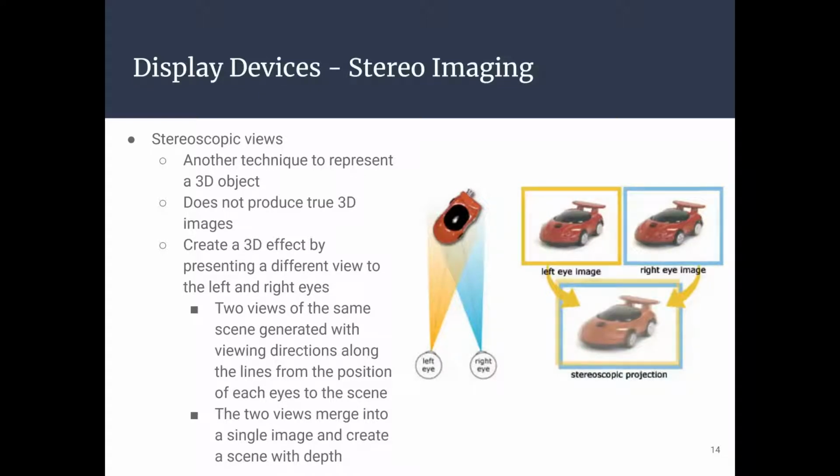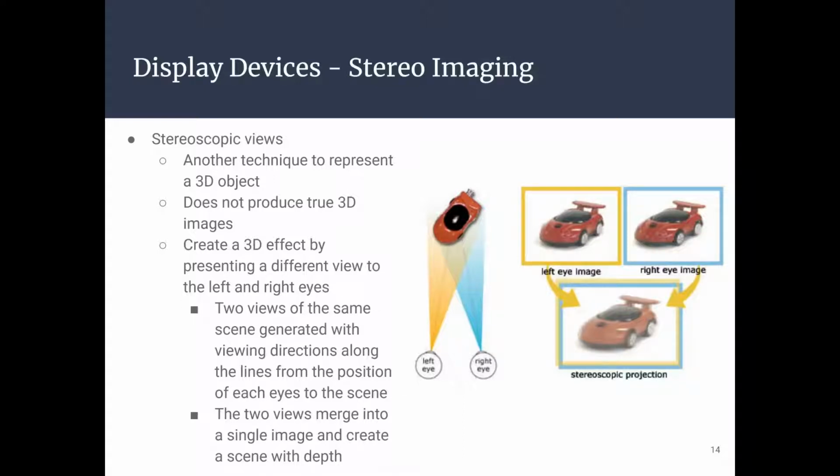So there will be an image taken from the position and viewing direction of the left eye, and then another image of the same scene will be taken from the position and viewing location of the right eye. These 2 view images would then basically end up merging into a single image, and this would create a scene with depth.